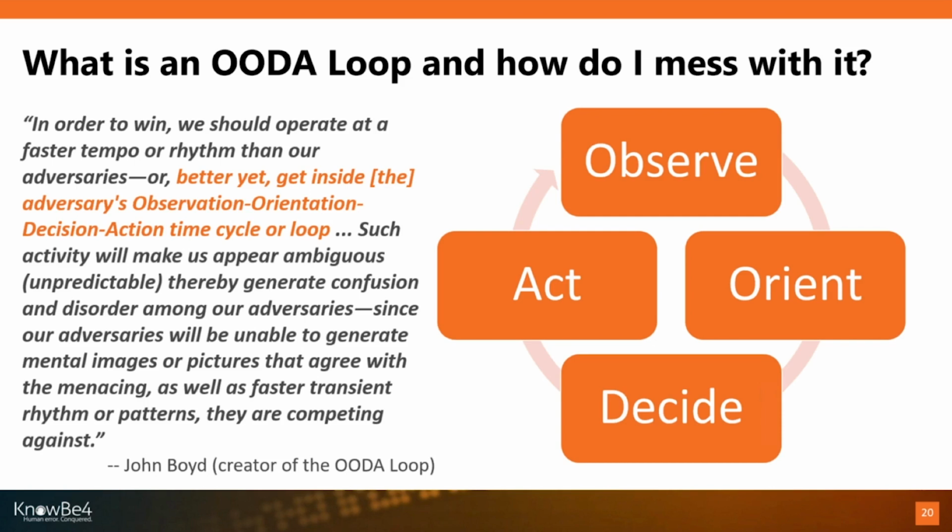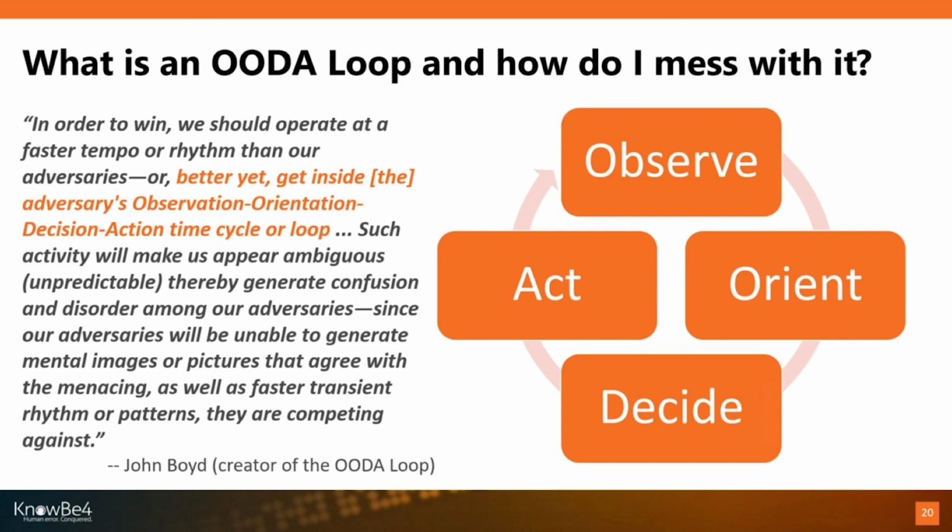All right. And I love the quotes that we have here from John Boyd. He talks about get inside the adversary's OODA loop, and it will make us appear ambiguous or unpredictable and generate confusion and disorder among our adversaries. So if you can disrupt their OODA loop, then we can generate confusion and disorder.